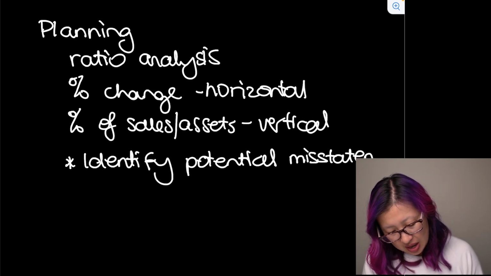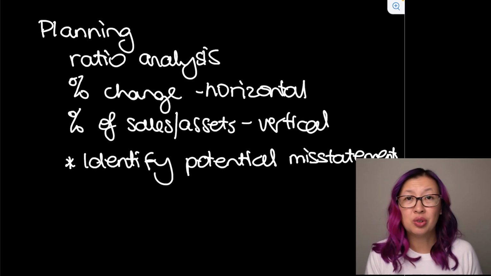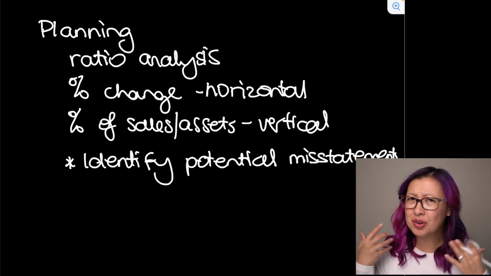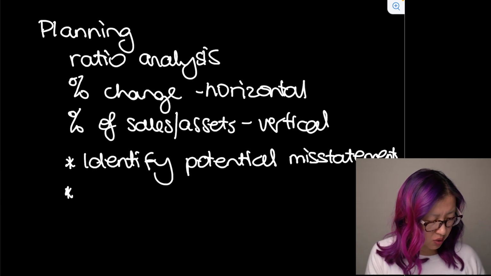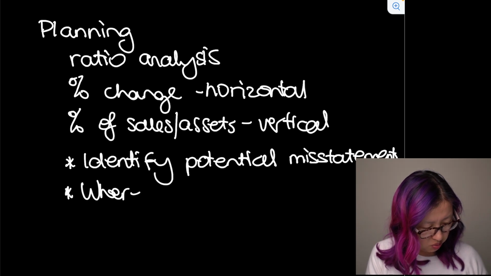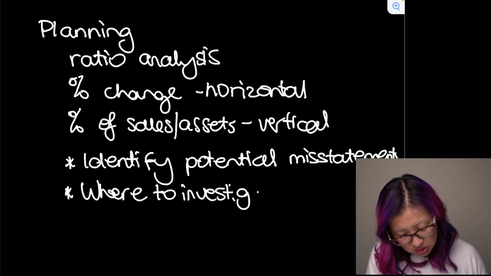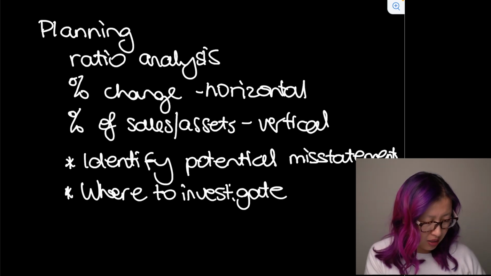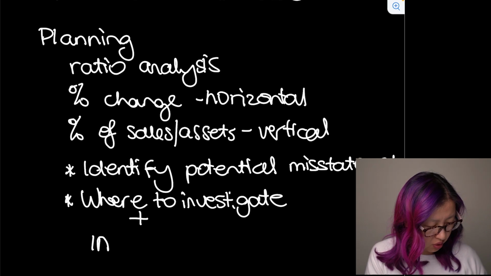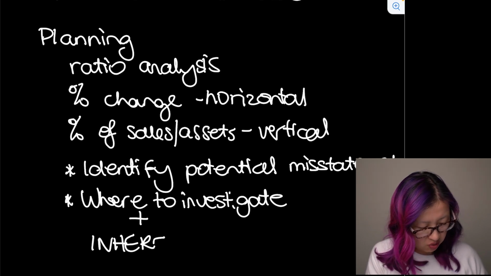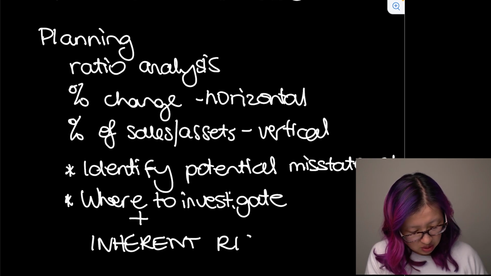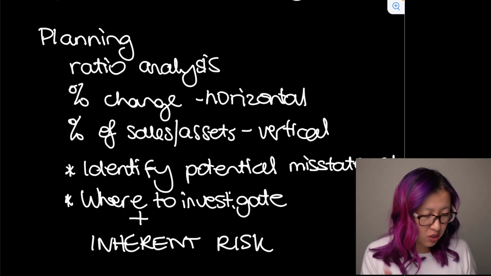They're not going to say, oh, look, here is one, but hey, here is somewhere where you should investigate. So it's helping us find where to investigate. And of course, you're going to combine this with all of your inherent risk analysis. Okay, so that's at the planning stage.